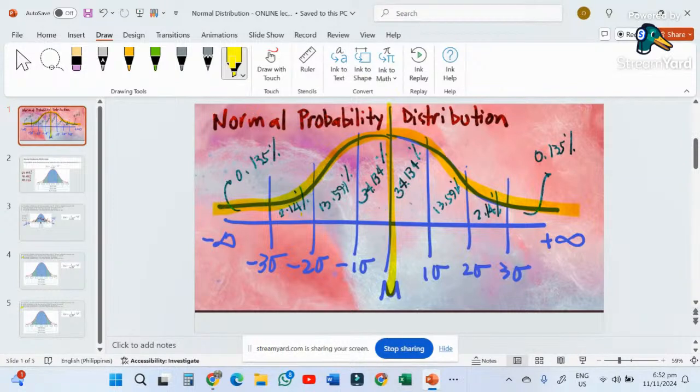And from the middle, you go one sigma away and another sigma away. So there's a 2 sigma and another sigma away. That will be 3 sigma. And when you go left, it's negative 1 sigma, negative 2 sigma, negative 3 sigma. And the rest of what I'm shading now, the rest of the curve, that will be for the positive infinity at the right and negative infinity at the left side.